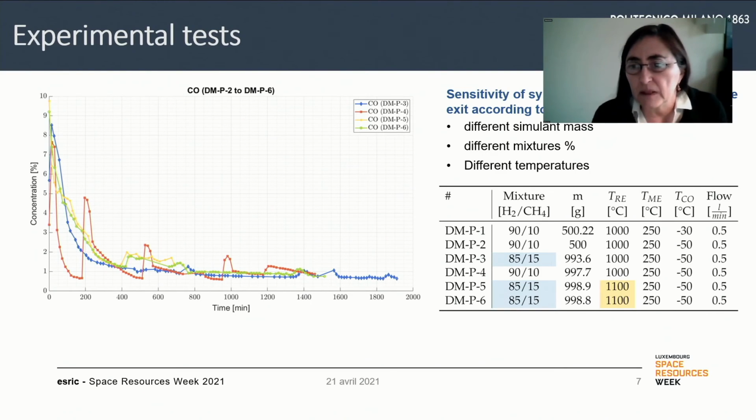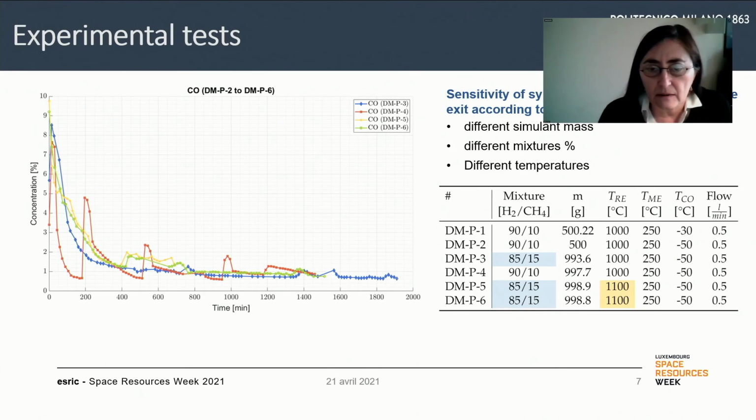We played a bit with the mixture of hydrogen and methane inserted in the main reactor. Don't look at the mass, because the first was just a test, so we stayed stuck at 1 kilo inside the reactor, and then we played a bit with the temperatures, as you can see, and basically the flow is fixed.